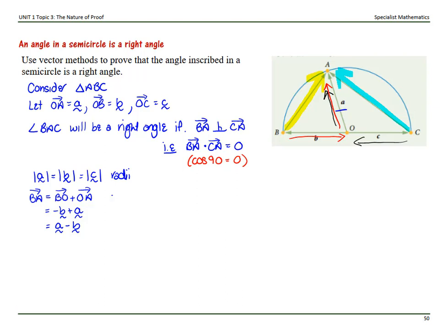So vector CA is going to be equal to CO plus OA, which is minus C plus A, which is A minus C. So looking at the dot product between those two vectors, it's going to be vector A minus B dot product vector A minus C. Expand that out.